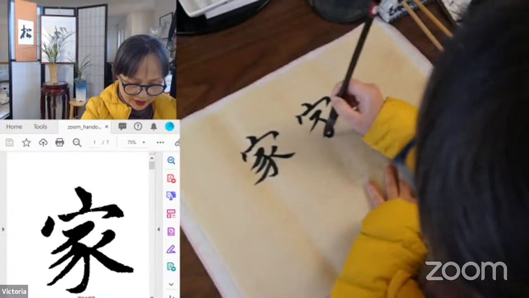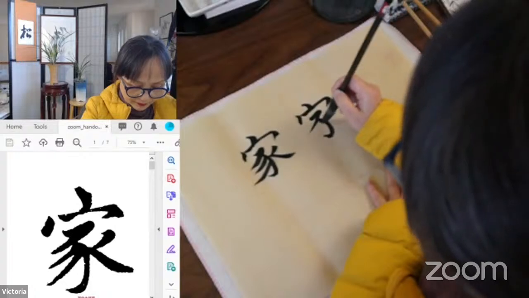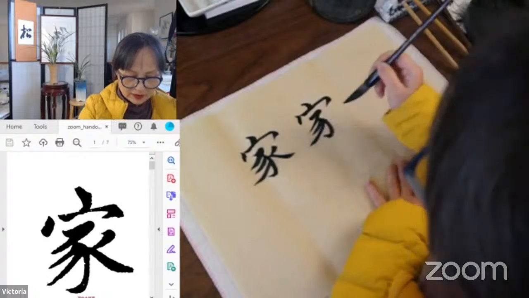Gradually lift, gradually lift. Small one, longer one.